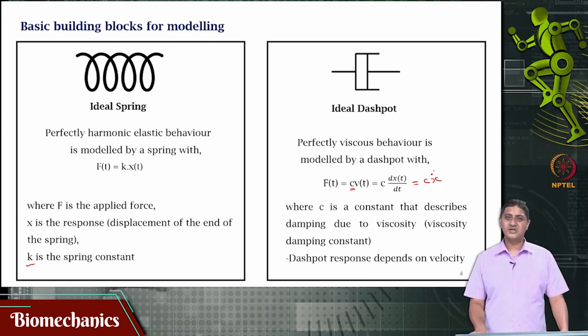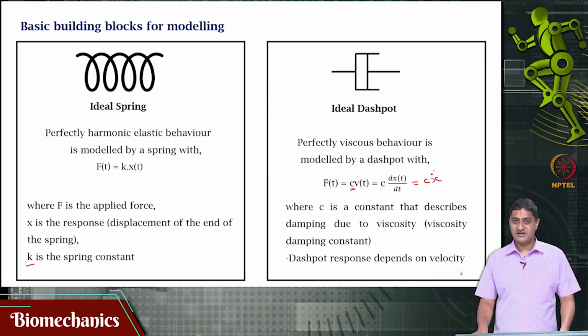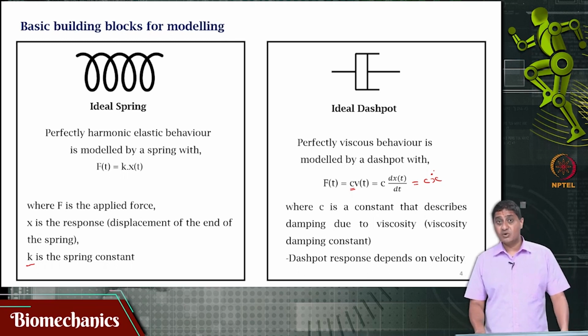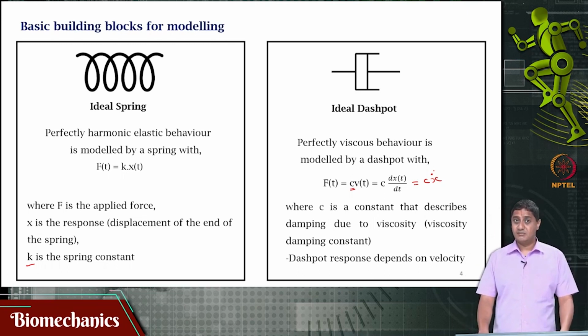We know this is another notation for velocity. So, what we notice here is that dashpot behavior depends on velocity. The more the velocity, the more the force that will be felt, but not displacement. Whereas for a spring, it is the displacement or deformation that plays a role. For a dashpot, it is rather the velocity that plays a crucial role.